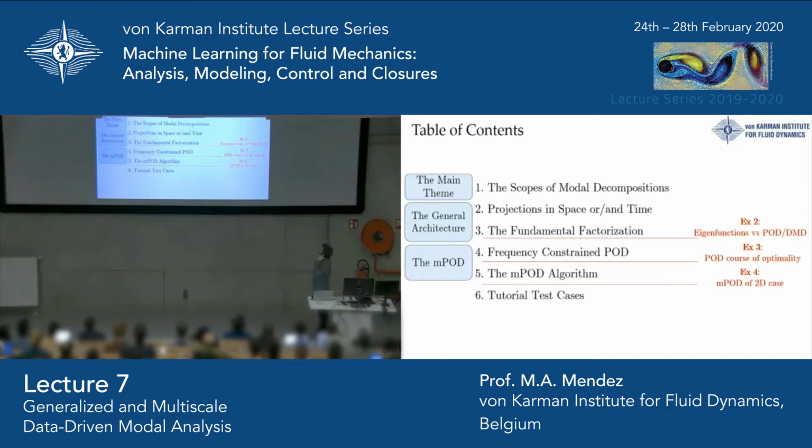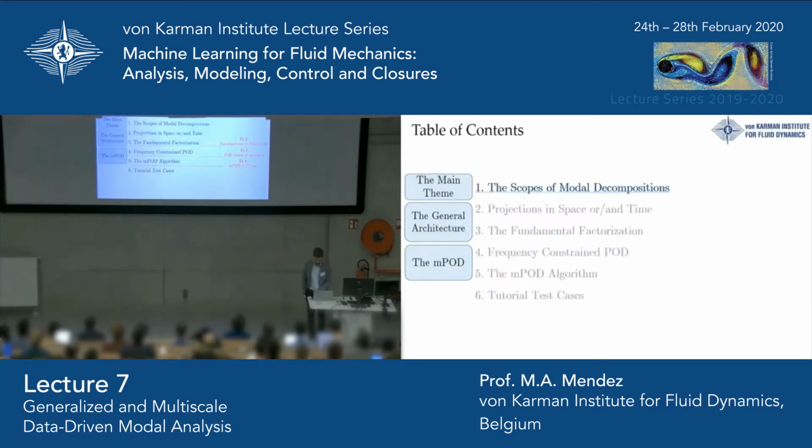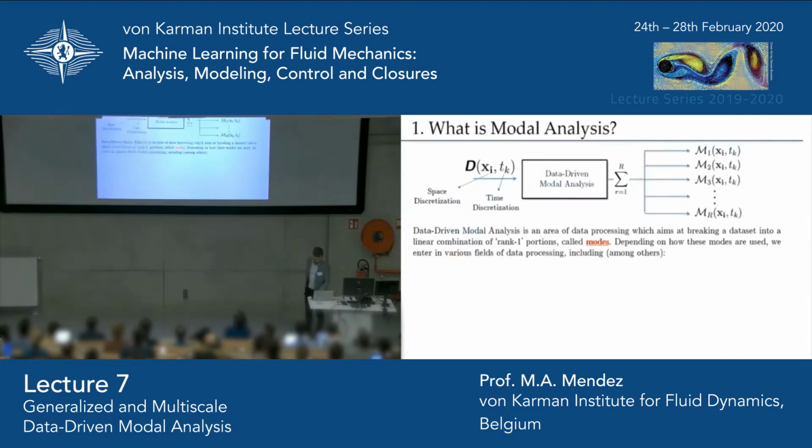And then we will use an mPOD on a very simple case. In fact, you find different algorithms of the mPOD there. They are more or less didactic. Typically, the more didactic you want it to be, the less efficient it will be. Okay, so you have 2 versions. Probably soon you will have your third. We don't know. So what is modal analysis and why is it interesting?